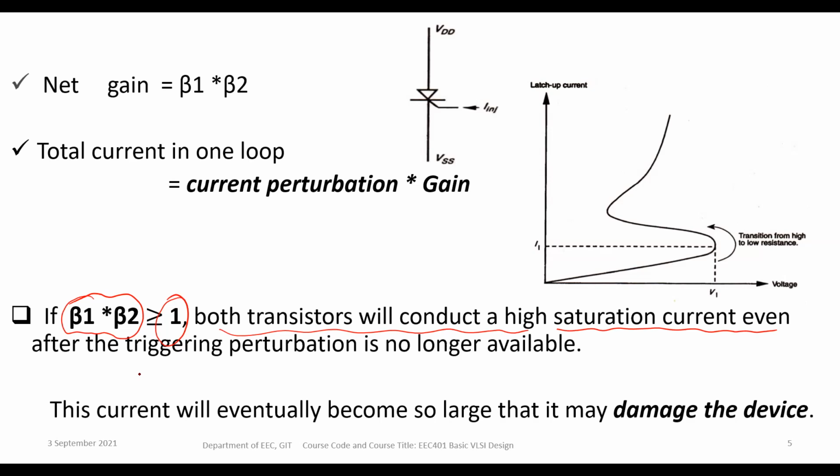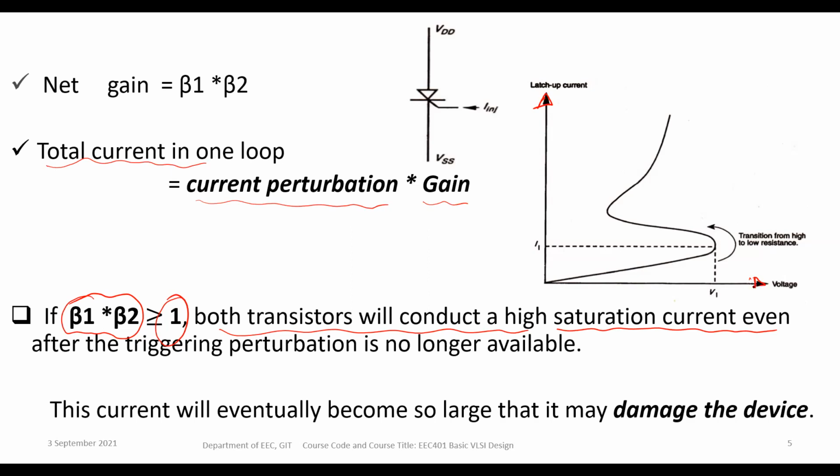So the total current in one loop is nothing but the current perturbation times the gain. This is repeated all the time. Sometimes perturbations are not required after some time. Whatever current is available within the MOS structure will activate the parasitic transistors. So how much latch-up current will flow?